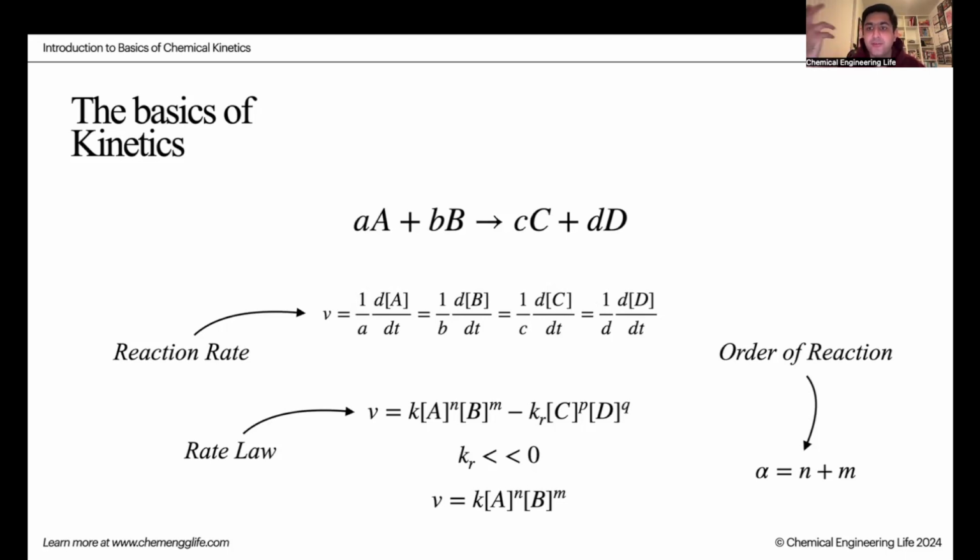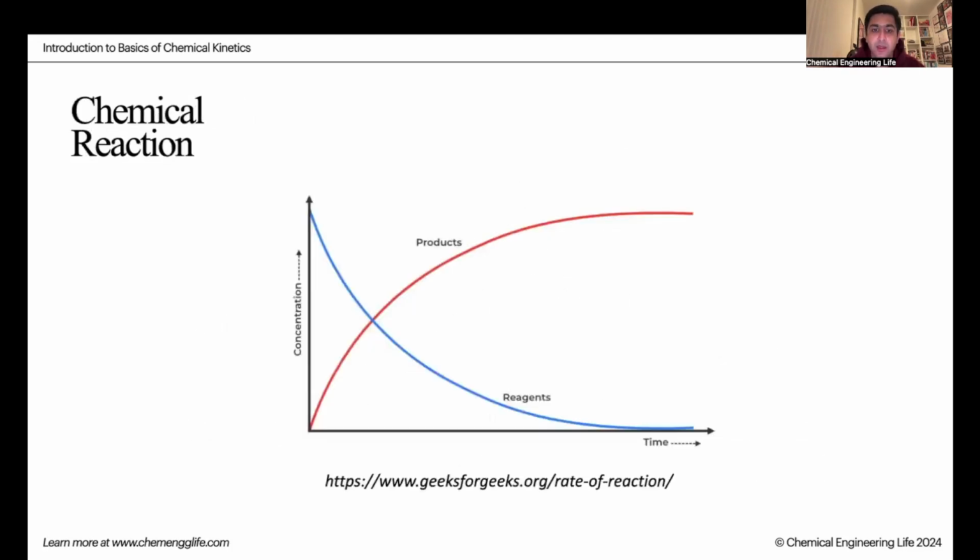Because how do you define a reaction? Like I said, if I go back to the graph again, if I asked you how you know that a reaction is taking place, well, you know because the reactants are being used up. So your reactants would start to reduce and your products are being formed.